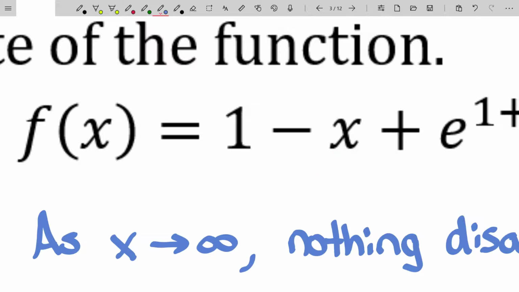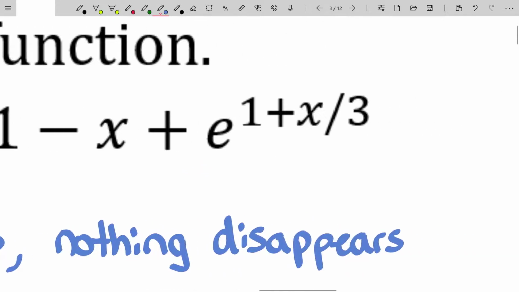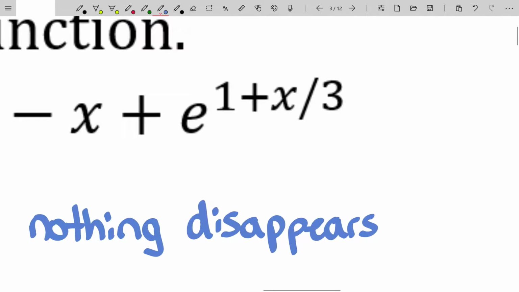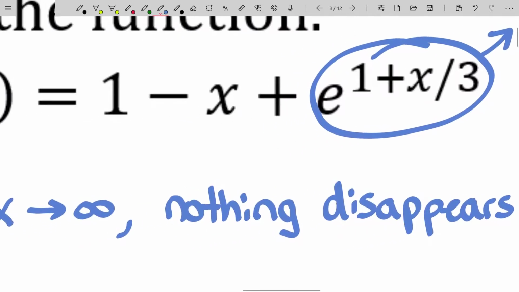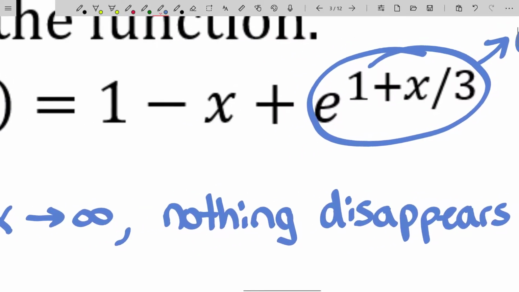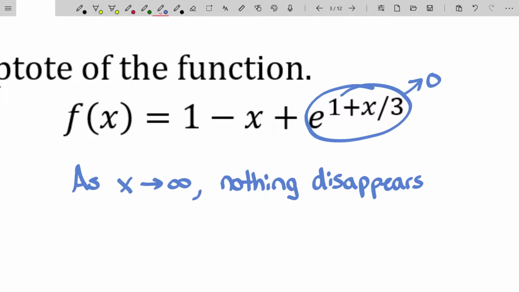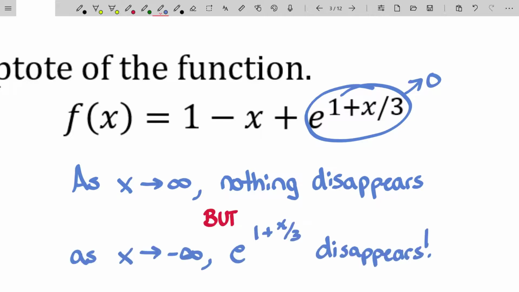So again, that doesn't disappear. However, e to the power, as x goes to negative infinity, e to the negative infinite power will tend to 0. That expression or term will disappear. And what we would have left is 1 minus x. So we actually do have a supposed slant asymptote to this function as x goes to negative infinity.